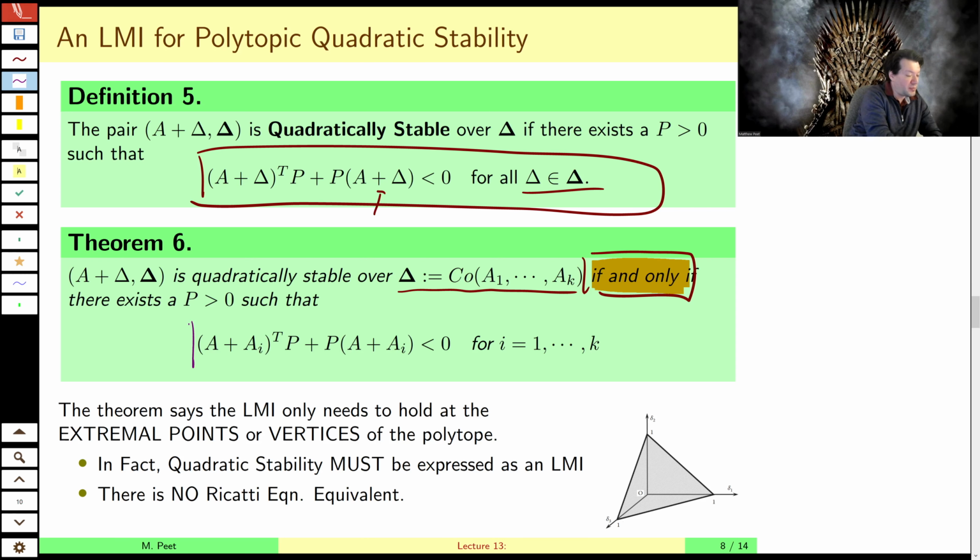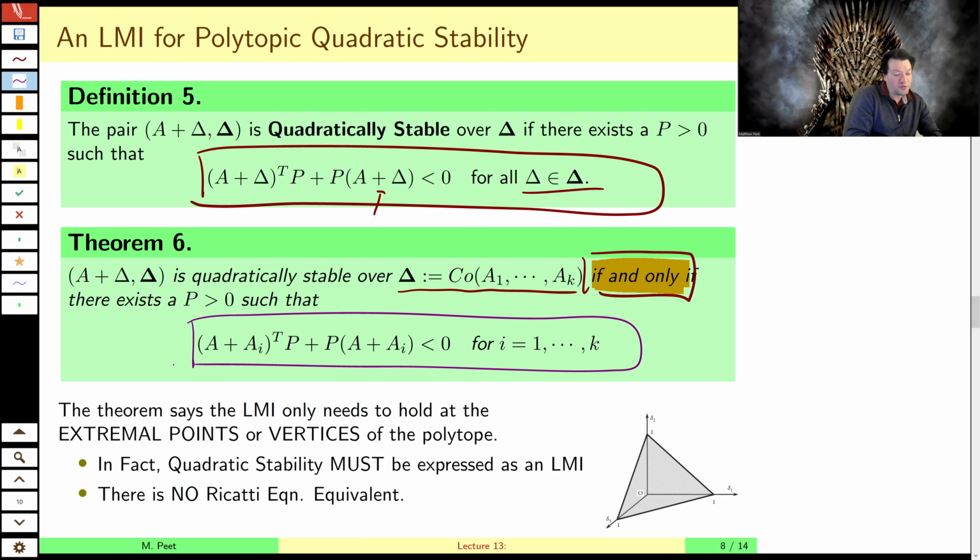So we have a finite number of LMIs which we have to enforce. You just keep adding them on to your constraint structure in YALMIP, and you get an LMI for quadratic stability over a polytope. This is a relatively straightforward application of the theorem on the previous slide, and it's a conceptually easy to understand LMI for robust stability over a polytope.